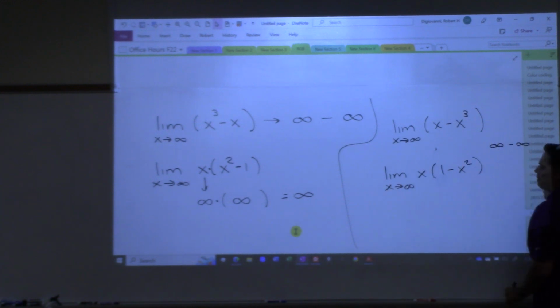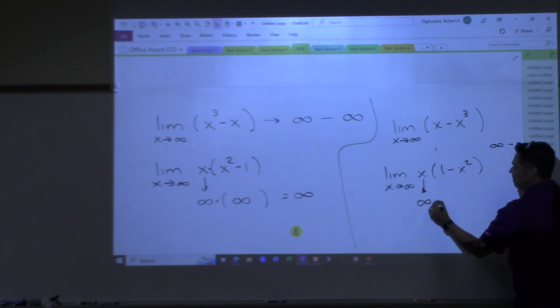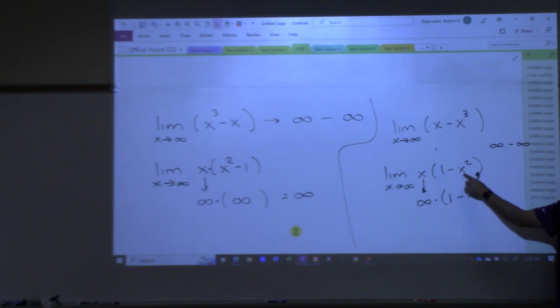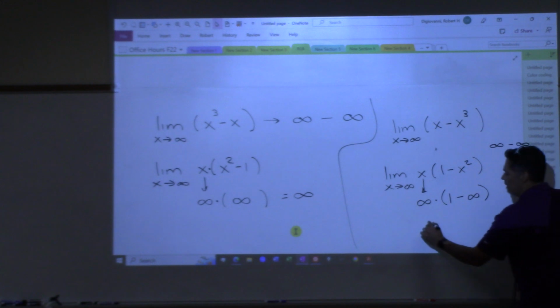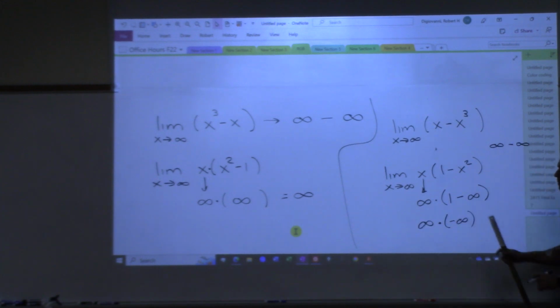Now run your limit again. This becomes huge, infinity, times 1 take away a big number. What's 1 take away a big number? It's negative, right? That's a negative big number. So now you've got a big number times a huge negative number, and a positive times a negative will be negative, and it'll be huge.